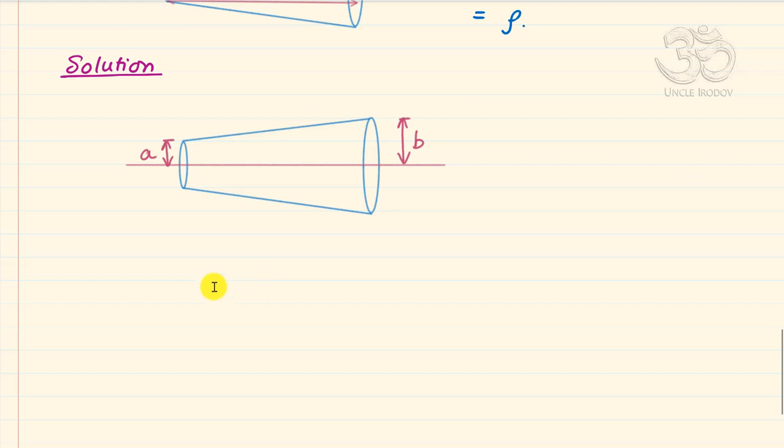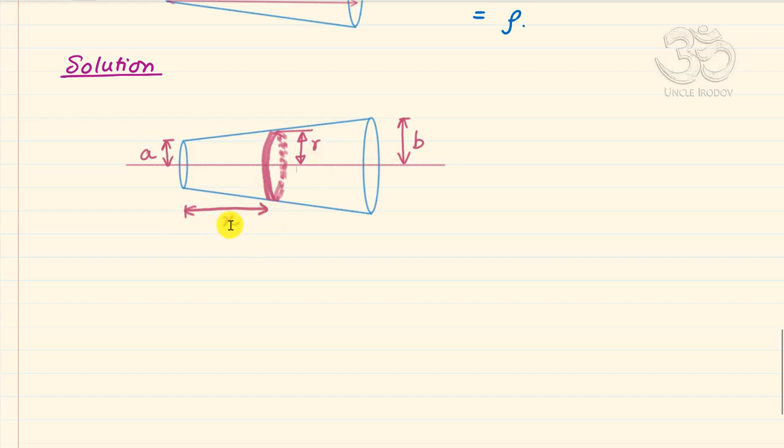Take some distance from the left hand side, let's say x. At a distance x from the left hand side, let me take a very thin disk, and the thin disk may look like this. This thin disk will have a radius small r, and I need to figure out this small r in terms of x.